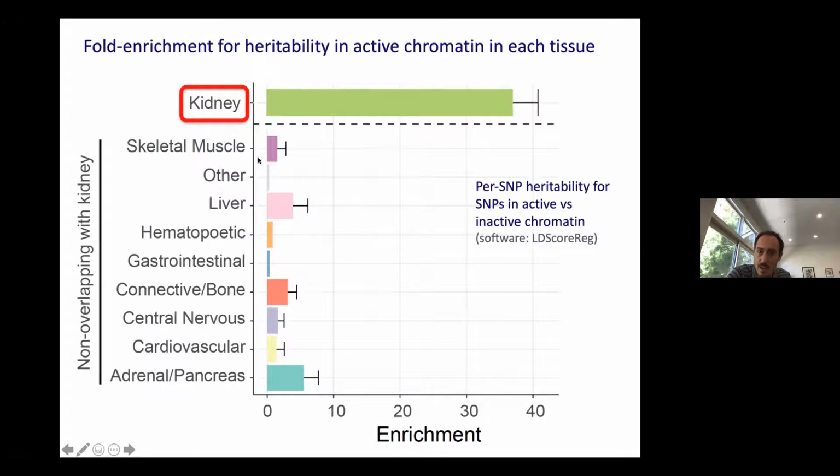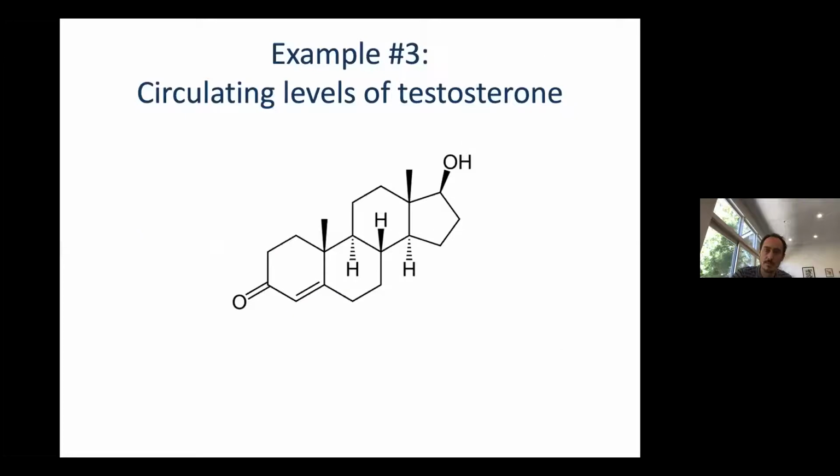Same for liver. It's relatively modest compared to what's going on in kidney. But the main point I want to make is that even though for kidney we see very strong enrichment around these critical genes, most of the heritability is actually coming from this large polygenic background in active kidney chromatin.